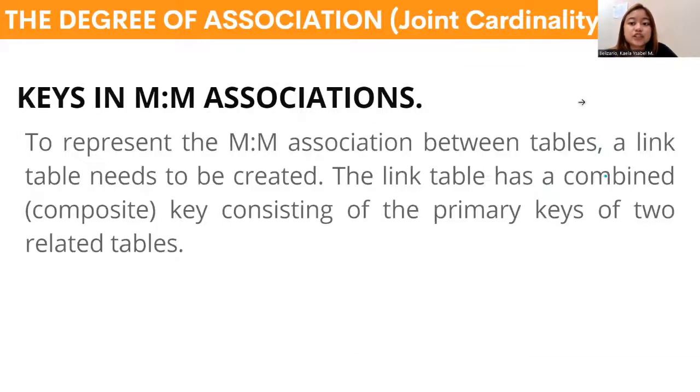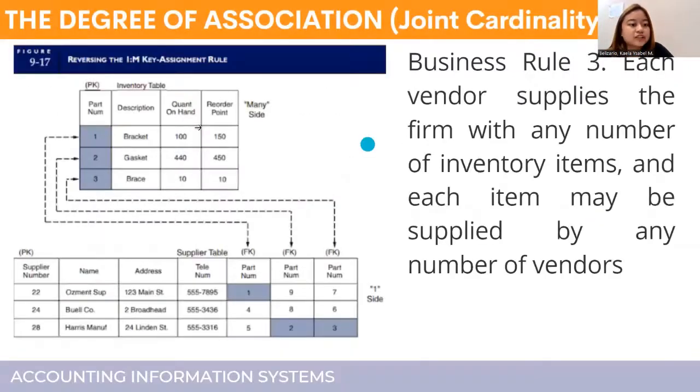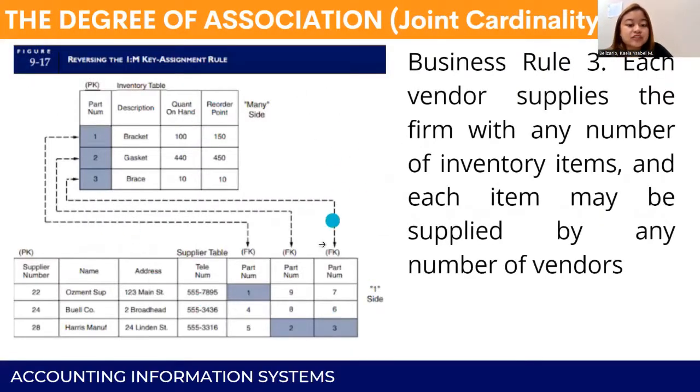Last part ng joint cardinality is the keys in M:M association. So to represent the M:M association between tables, a link table needs to be created. So the link table has a combined composite key consisting of the primary keys of the two related tables. So meron din tayong table dito to further understand.